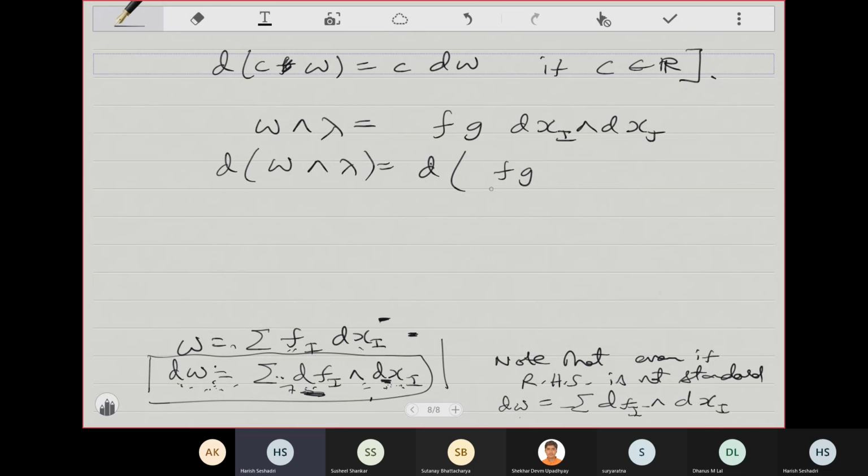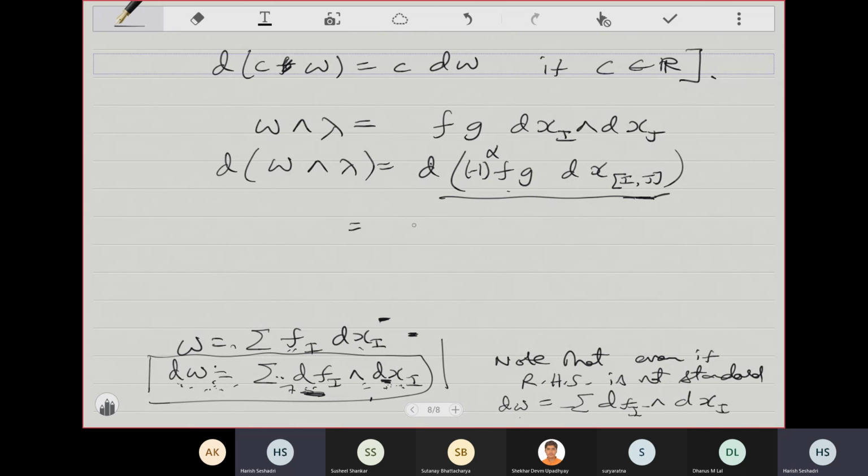Fg times minus 1 to the power alpha, and then in the standard form this would be dx, that bracket notation. This is now a basic form. The term inside the brackets is basic. This whole thing is basic.